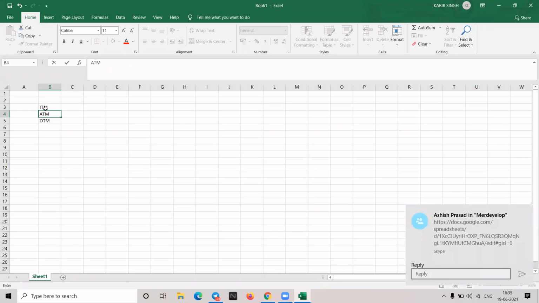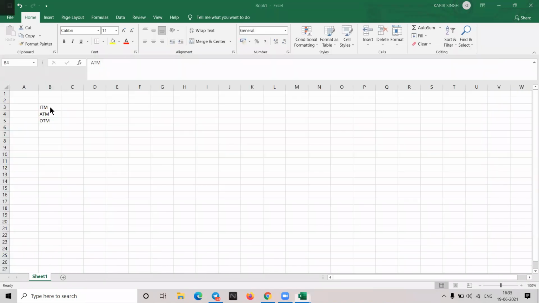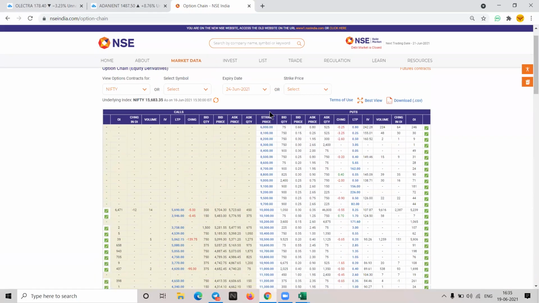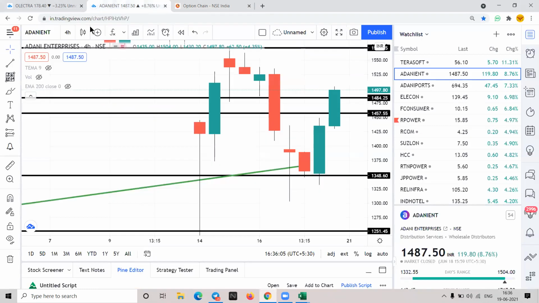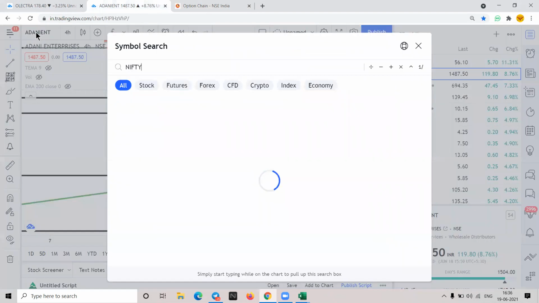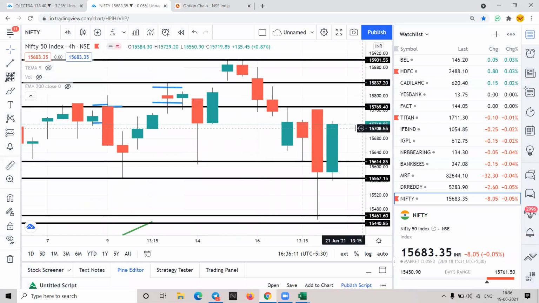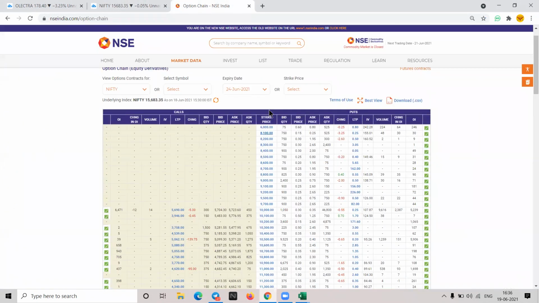These are basically strike prices. If you look at this option chain, this is the Nifty option chain. In the center, can you see there is a strike price? Yes. So if you look at Nifty, Nifty is trading around 15,790. This is the strike price.